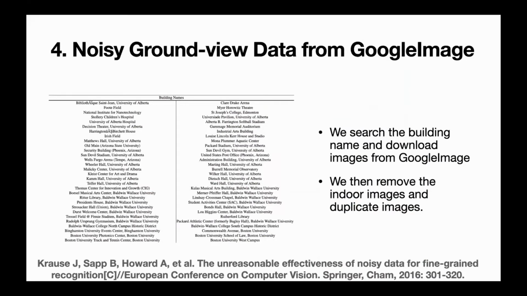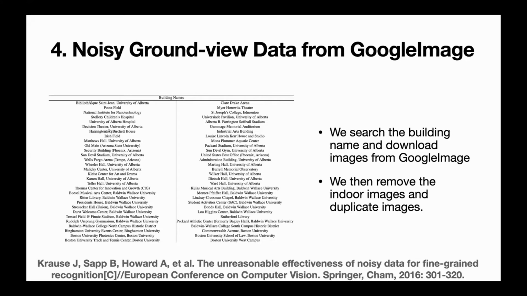Finally, we also add some noisy ground view data from Google Image. We search the building name and download images from Google Image, and I wrote a script to do that.